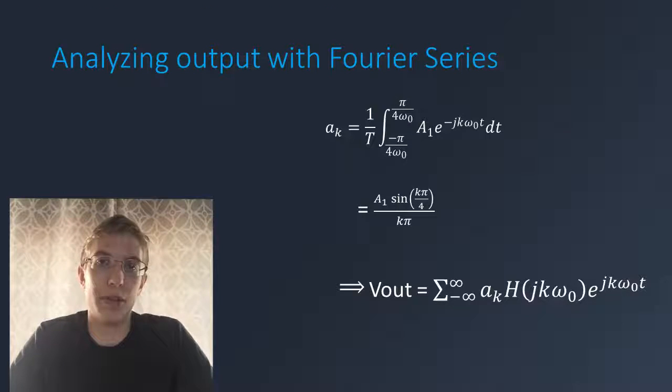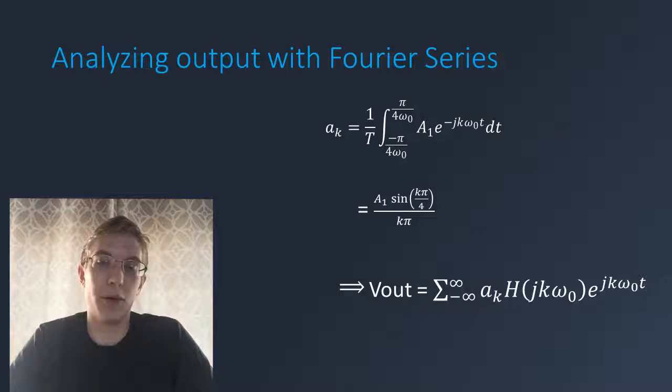Using the Fourier series of the input and the transfer function of the system, we can analyze the output further. With simple integration, we can calculate the Fourier series coefficients, and from the transfer function, we see that the output of the system is the sum of the Fourier series times the transfer function at the respective harmonics of the Fourier series coefficients.